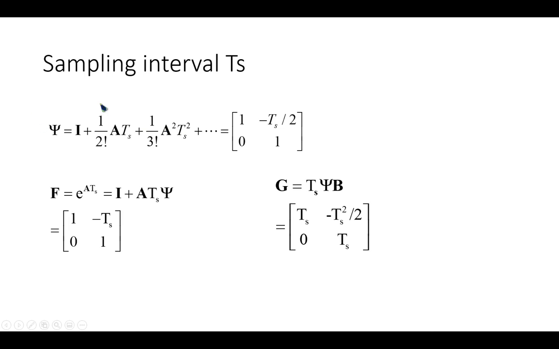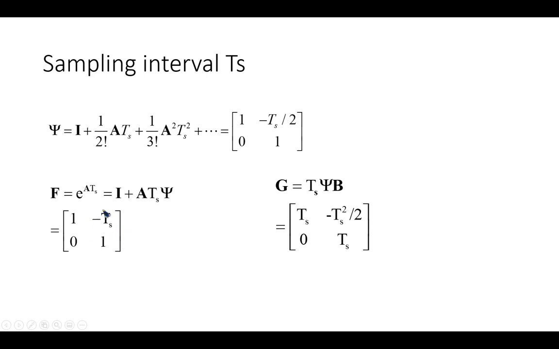So you actually only need these terms here, I plus 1 over 2 factorial A TS. And that gives you the psi, which is equal to that. F is equal to e to the A TS, which is equal to that from the earlier work. And then you end up with that as the F matrix, a discrete time F matrix.